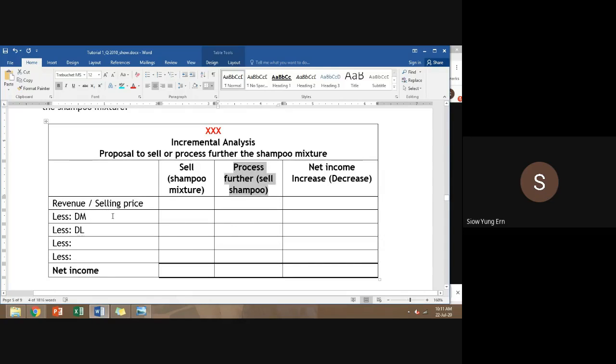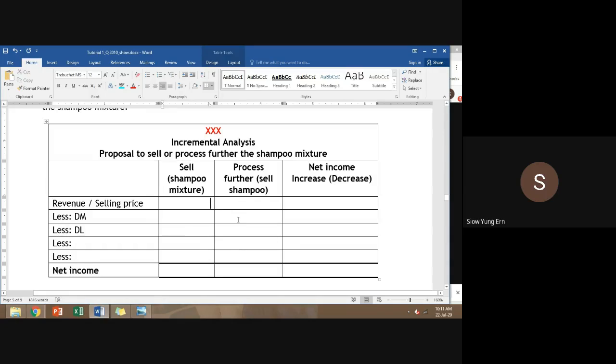So your calculation will be revenue, or we can put selling price also can. Then less all of your manufacturing cost, and you will get net income. Okay, so let's do it in per gallon. Okay, per gallon the numbers are smaller. Then later on at the end you can times the quantity and you can get total.